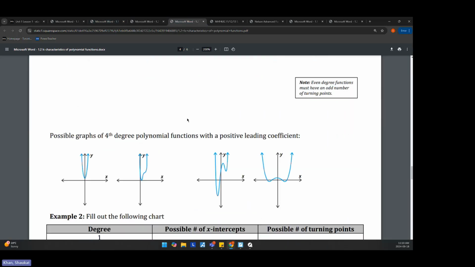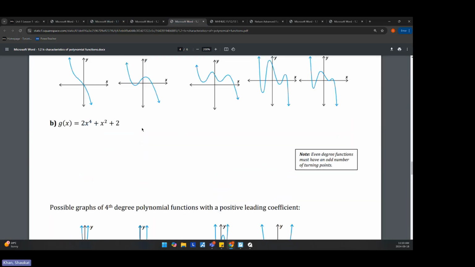So example 2, we have an even degree polynomial, so that's a 4. If you have degree 4, the maximum number of turning points is 3, because n minus 1, 4 minus 1, is 3.